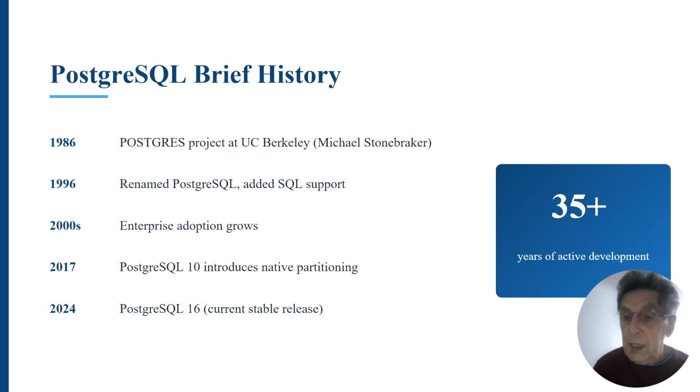PostgreSQL 16, introduced in 2023, is the current stable release with improved performance and security features. Why does this matter? Decades of continuous development means battle-tested reliability. Healthcare can't afford database crashes.